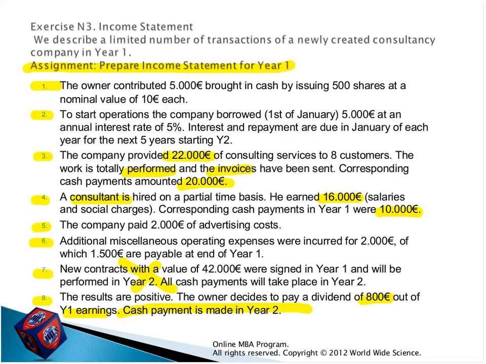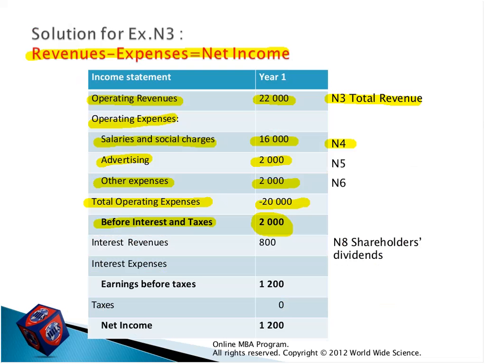So it's the same as the accrual expenses that we are going to pay in this year, but the action will be made next year. So we must consider this transaction and record it in our income statement.